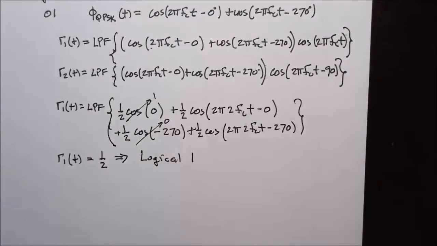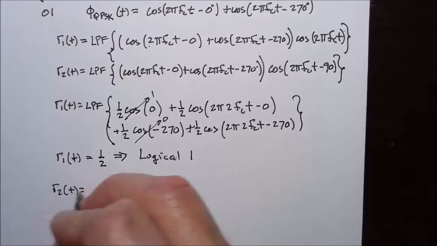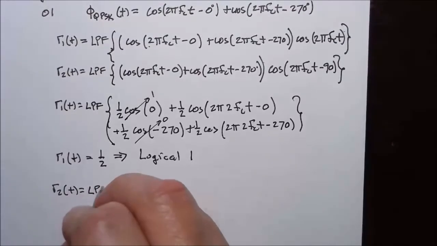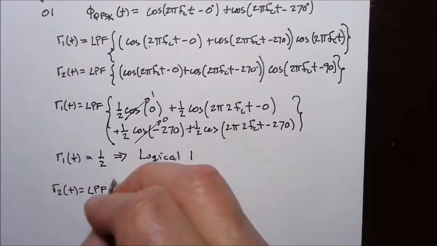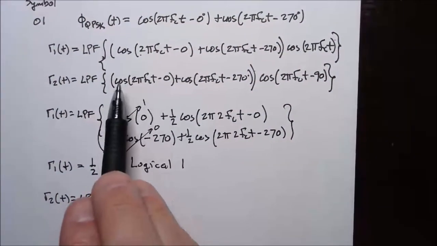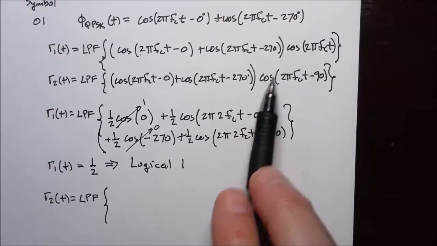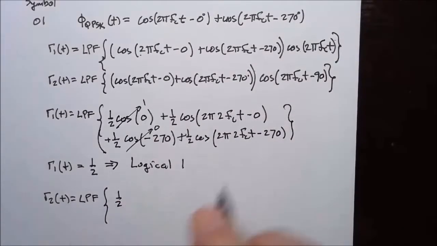And then R2 of t is a low pass filtered version of, and we have cosine plus cosine times this cosine, so I'll apply the trig identity.